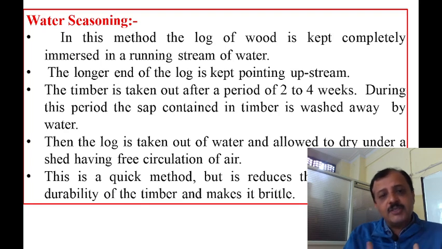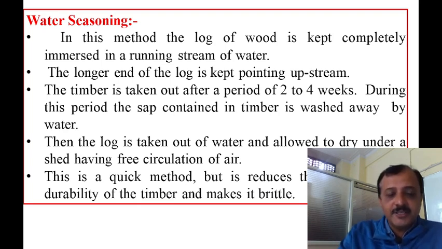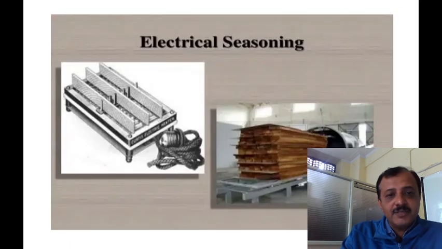During this process, whatever moisture is present in the timber is washed away in the water. After 2 to 4 weeks, the timber is taken out and dried in free circulation of air. And one disadvantage is that it reduces the elasticity of timber and makes the timber brittle. So these are the different methods of seasoning of timber.